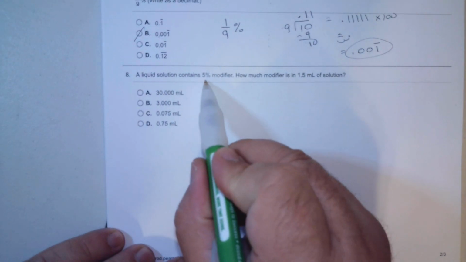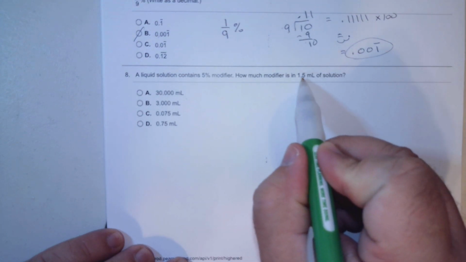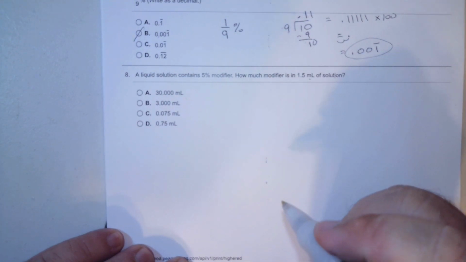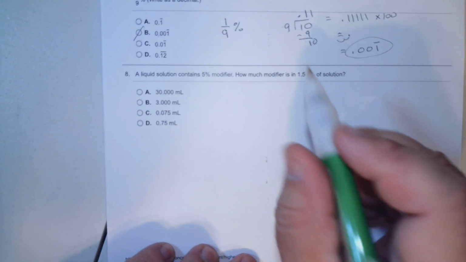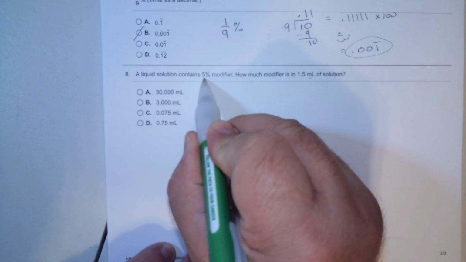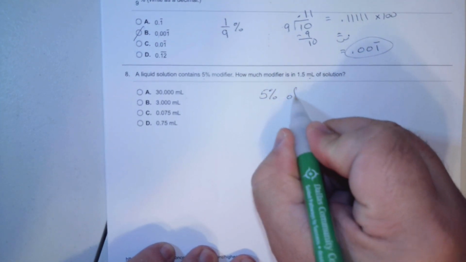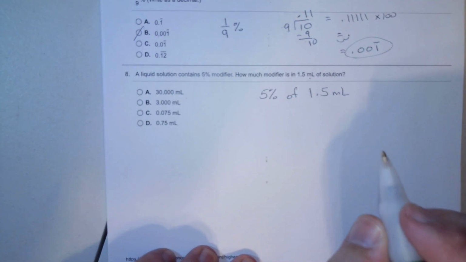A liquid solution contains 5% modifier. How much modifier is in 1.5 milliliters of solution? So basically what we're asking is, what is 5% of 1.5 milliliters of solution?